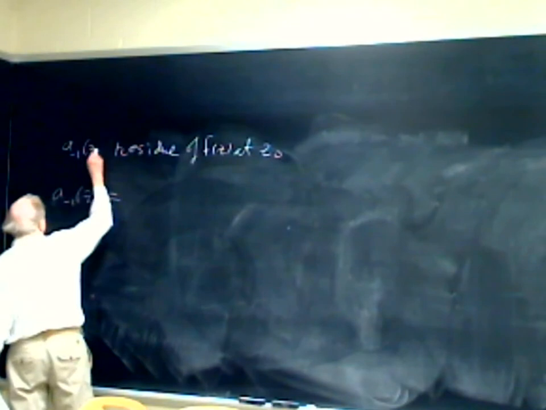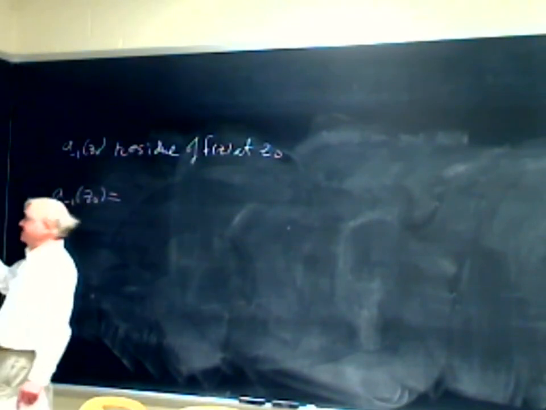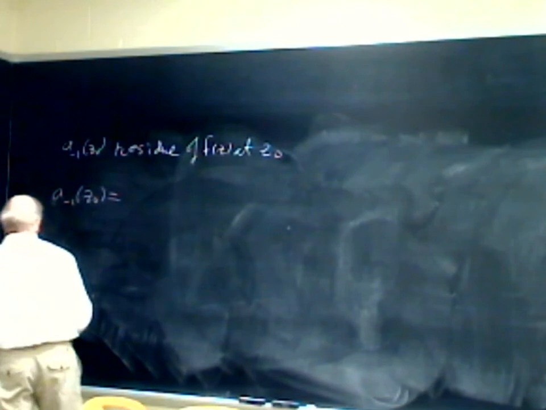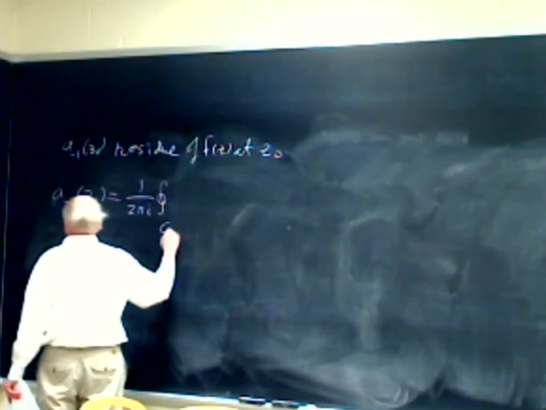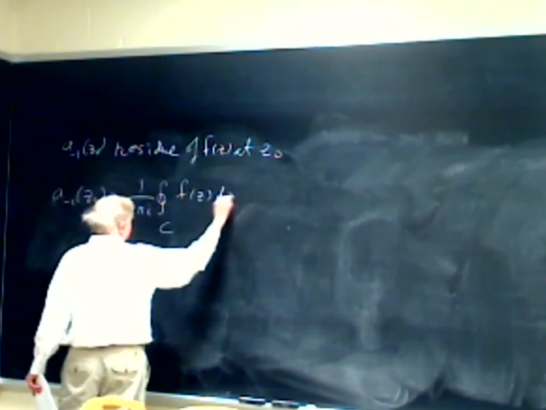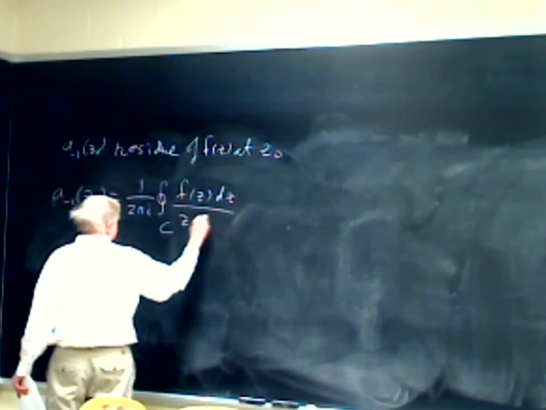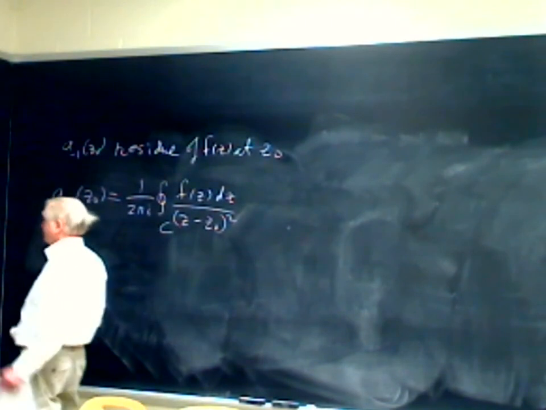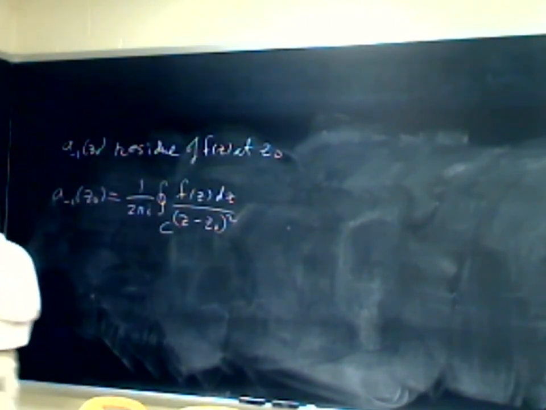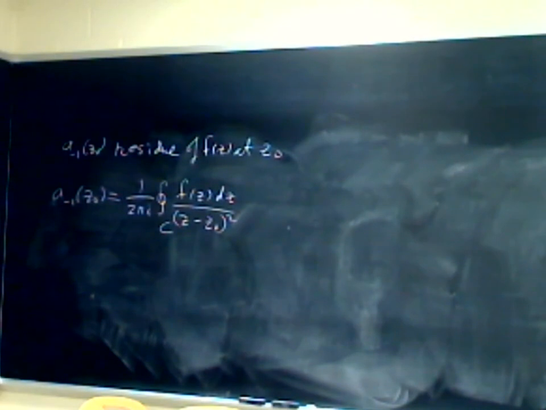See, these things depend upon z0 as well as upon f. So A -1 of z0 is 1 over 2 pi i, the integral around the contour, f of z dz over (z minus z0) squared. Okay, so that's called the residue.